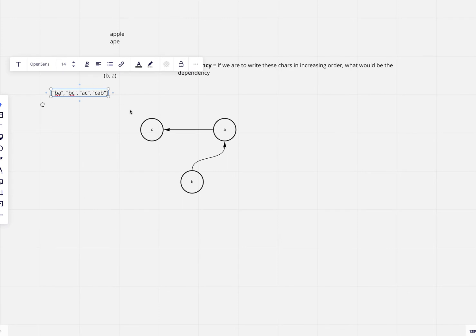So for instance, to illustrate that, let's say in that example we also have something like CB, right? Once we have CB, that would create another edge here. In that case there is no vertex with zero incoming edges, which means we don't know where to start.